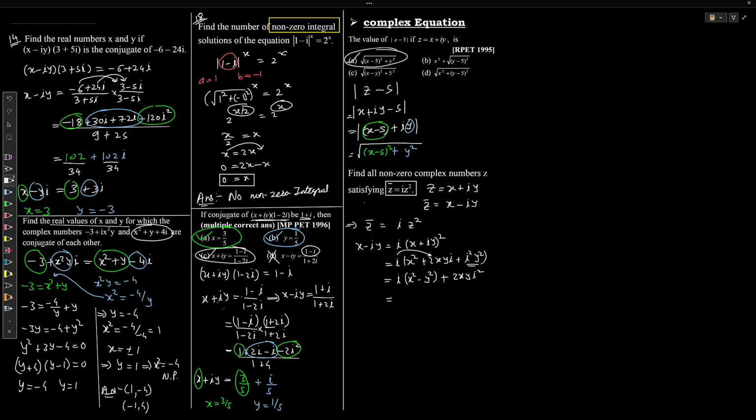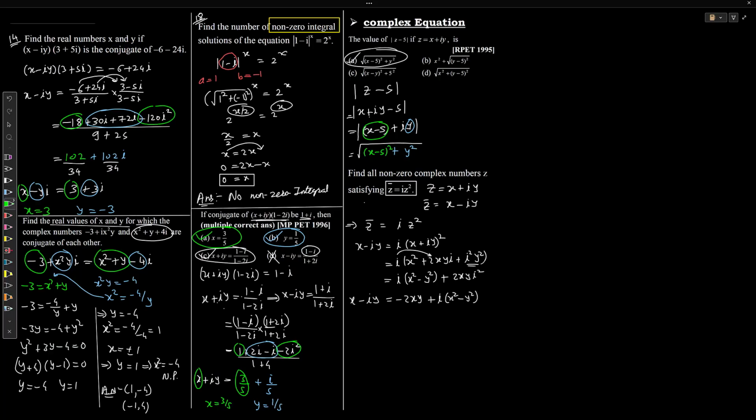So rearrange the terms: minus 2xy will become your real part, and i times (x square minus y square) is your imaginary part. On the left hand side we have x minus iy, right?